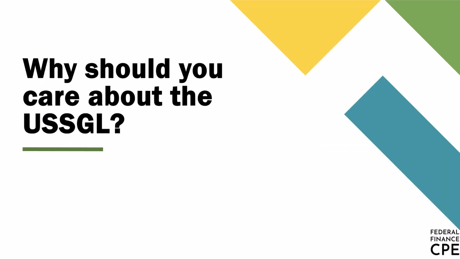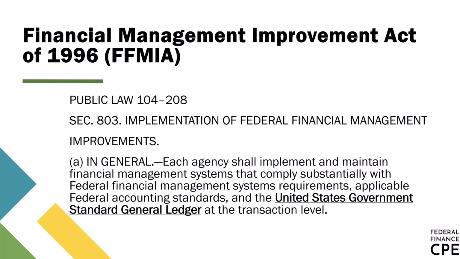Let's get started. So first, why should you care about the USSGL? Well, for starters, it's the law. The Financial Management Improvement Act of 1996, or as we like to call it, FFMIA, introduced this as a requirement, as you see on the screen.